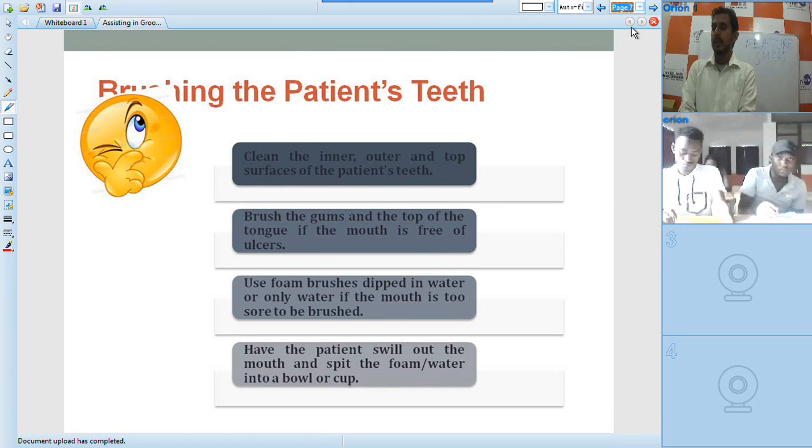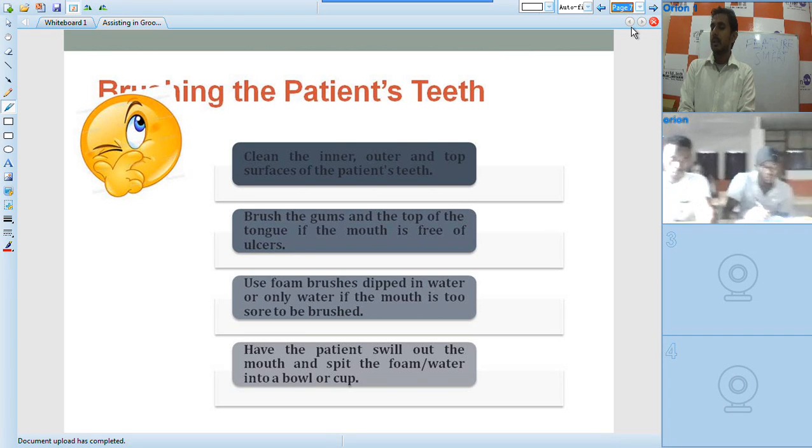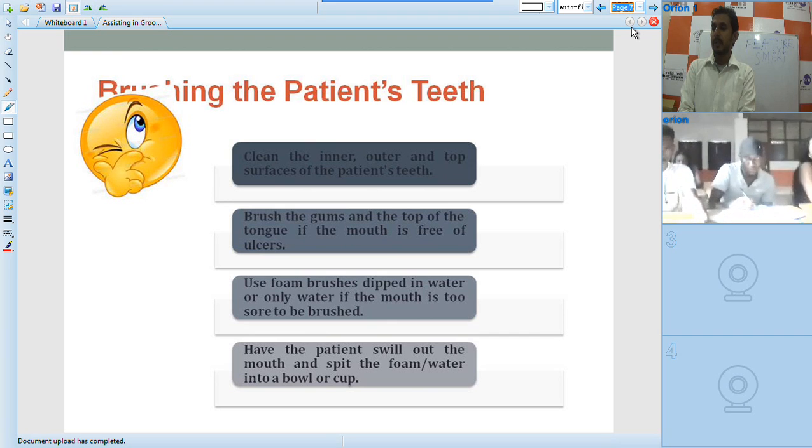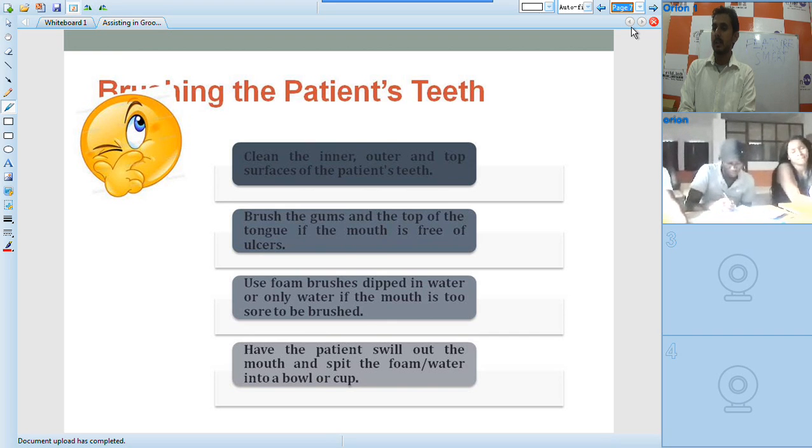Clean the inner, outer and top surfaces of the patient's teeth. You also need to brush the gums and the top of the tongue, so it can prevent the mouth of the patient from ulcers.